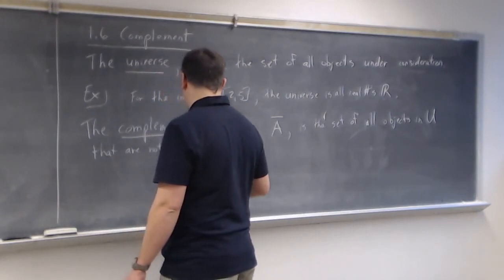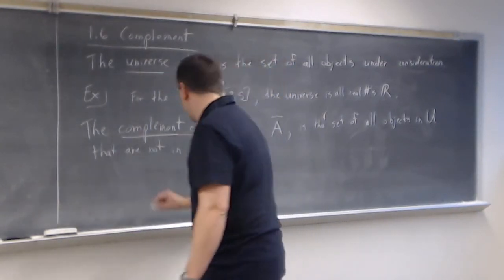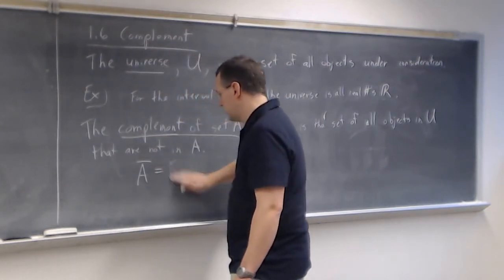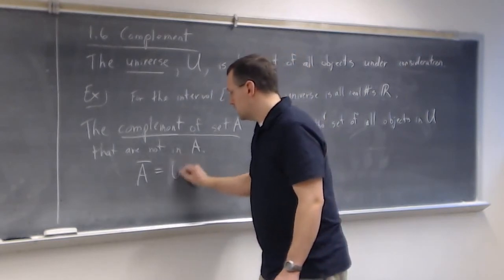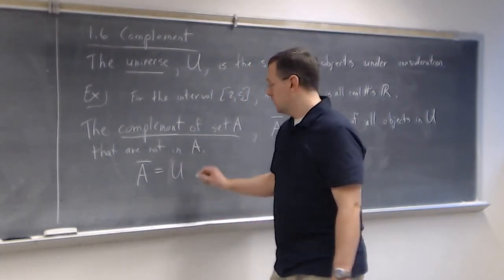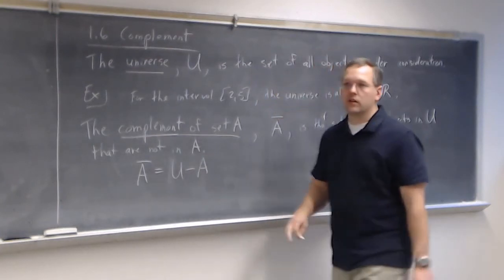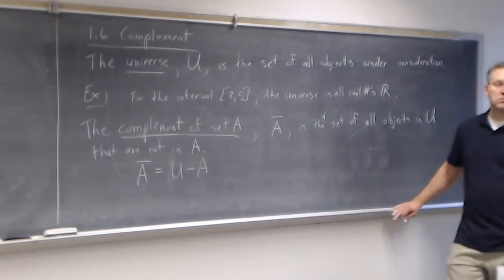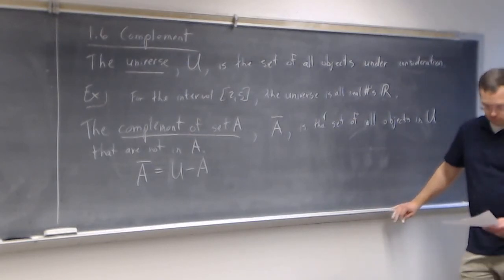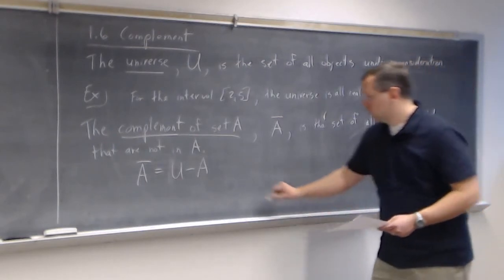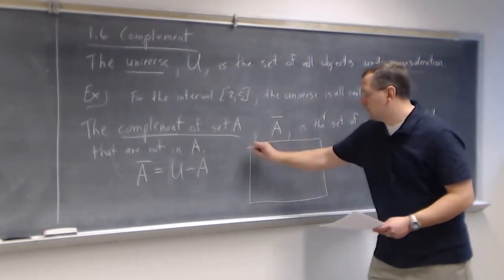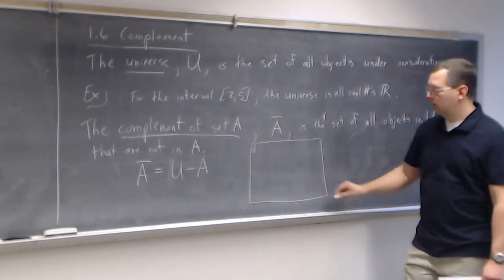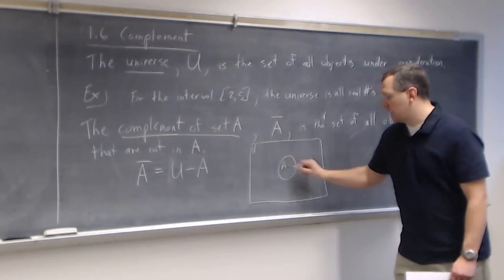So the complement of A is all the elements in the universe take away A. That's one way you can define it, instead of all points in the universe that are not in A. For a Venn diagram, you have your universal set of things you're looking at, and A is a set inside.